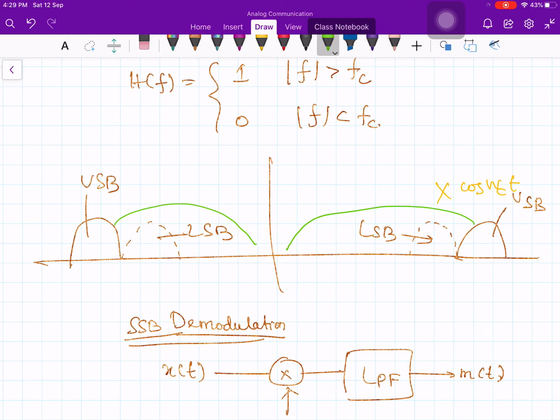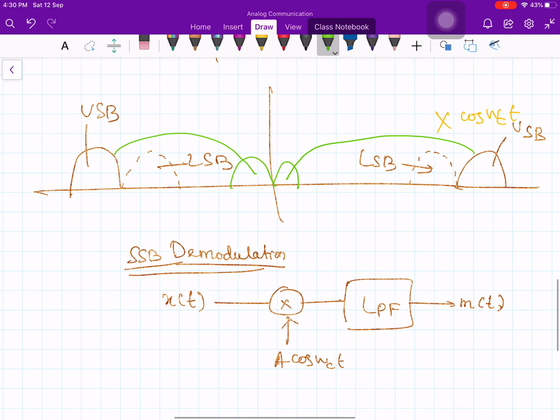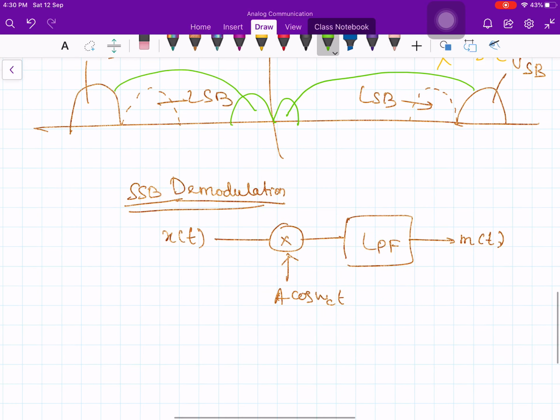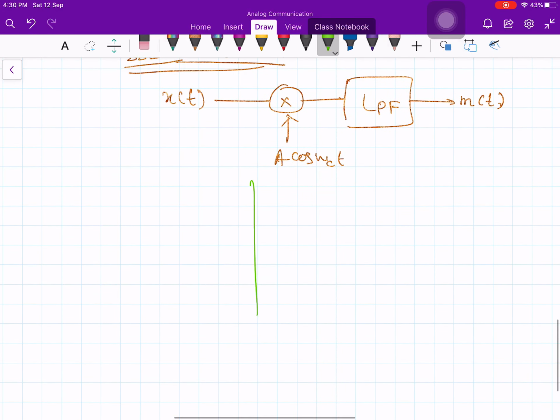Again you will get back your message signal like this. Very simple operation. We are carrying out frequency translation by minus fc and plus fc. So you get the baseband spectrum, which is like this. After demodulation it becomes like that.